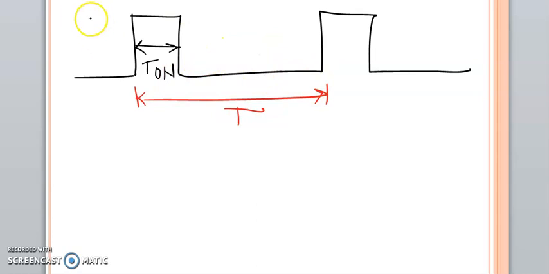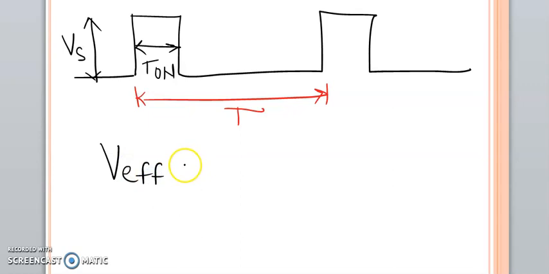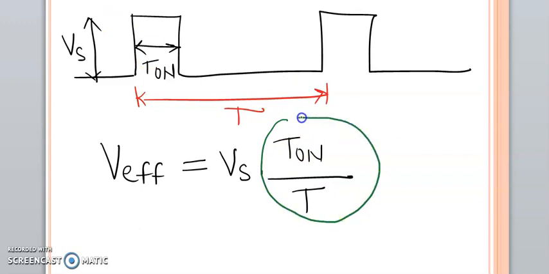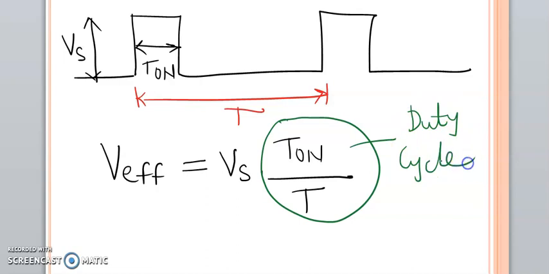Now if we consider the voltage as Vs, what will be the effective voltage that is going to be generated? Obviously V effective will be equal to Vs into T on upon total T. Now this T on upon total T is nothing but the duty cycle as discussed in our earlier session. So the ratio of T on by total T is called the duty cycle of a square wave pulse.